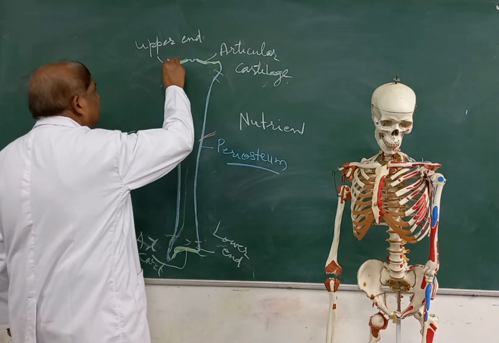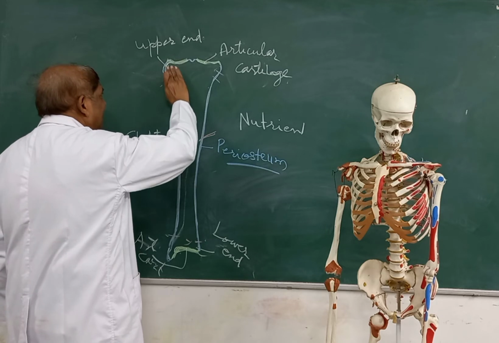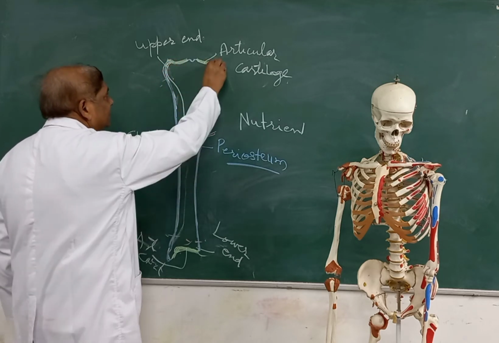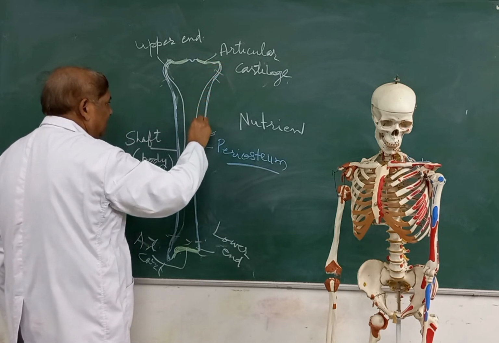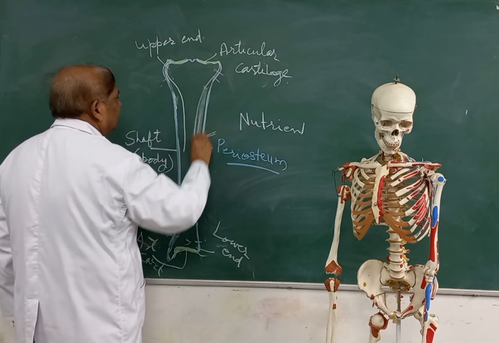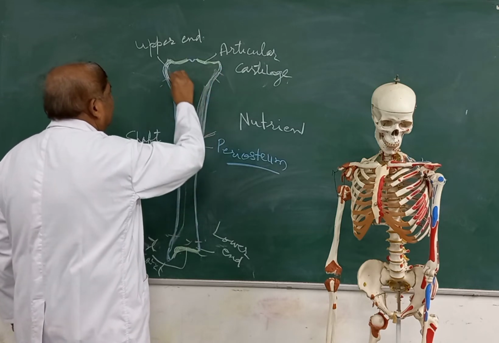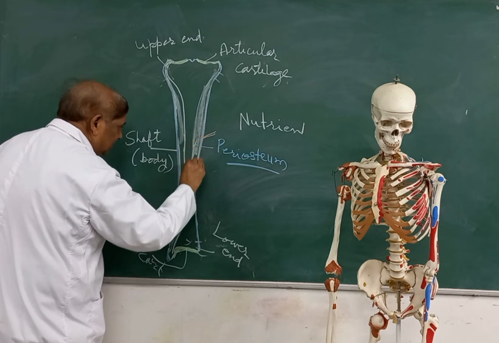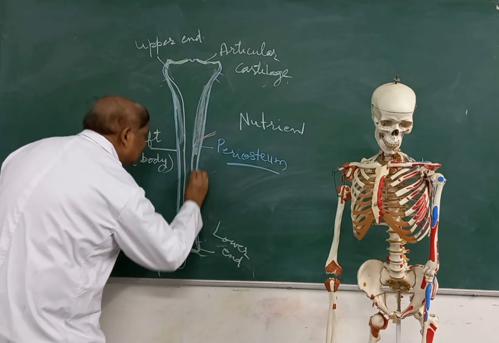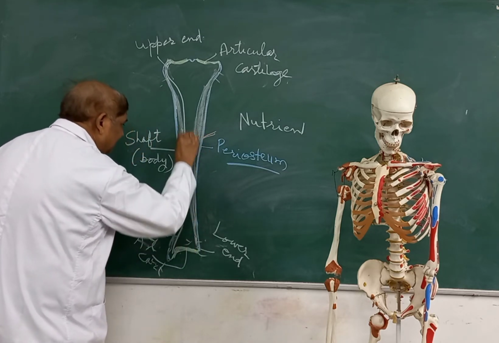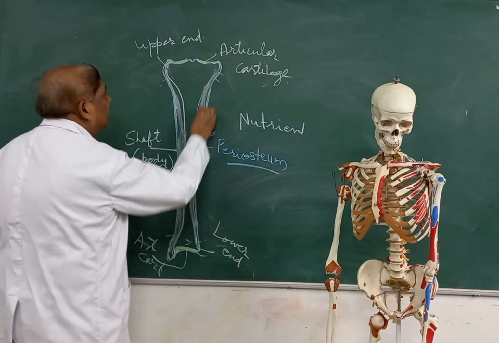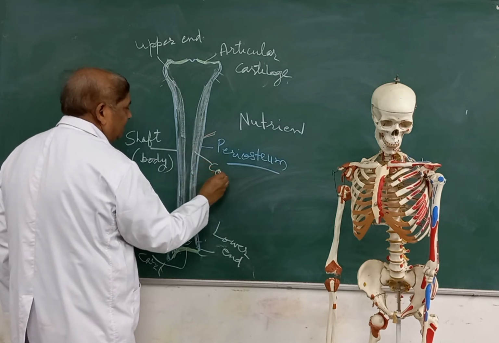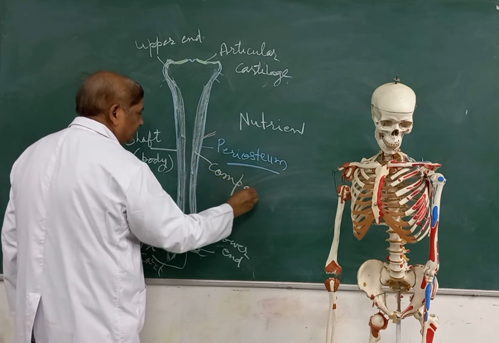In this section you will see the shaft, with the presence of thick compact bone. I am drawing half of the diagram, and let me draw the complete structure. These thick, dense bones are called the compact bone.